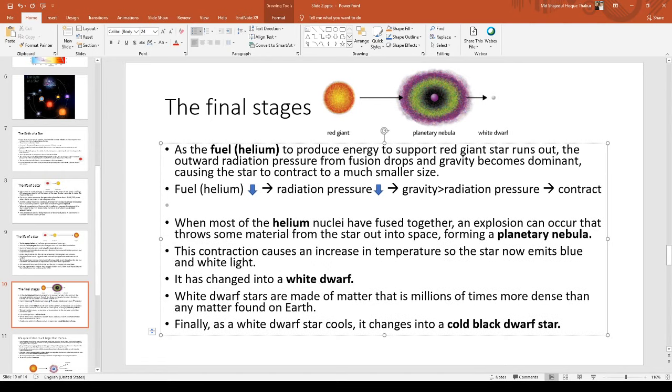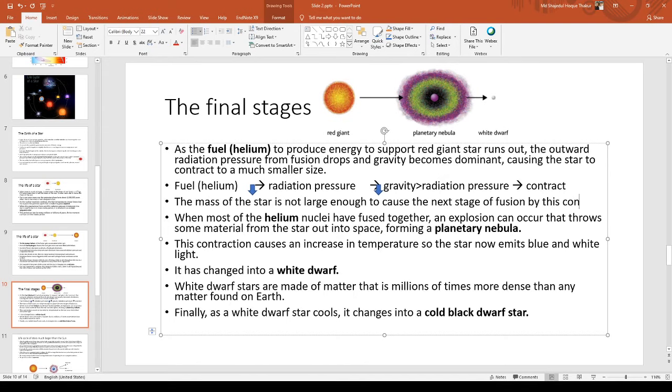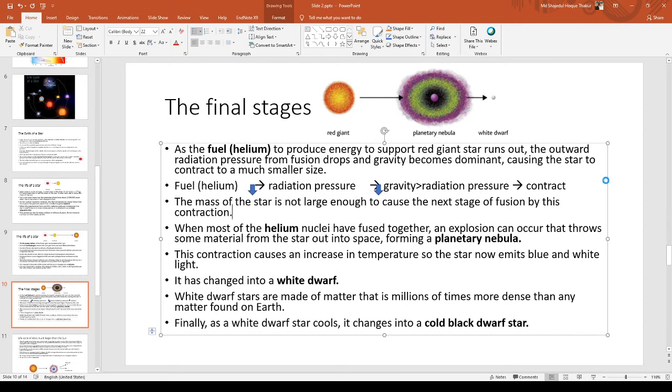The mass of the star is not large enough to cause the next stage of fusion by this contraction. This contraction does not trigger it.